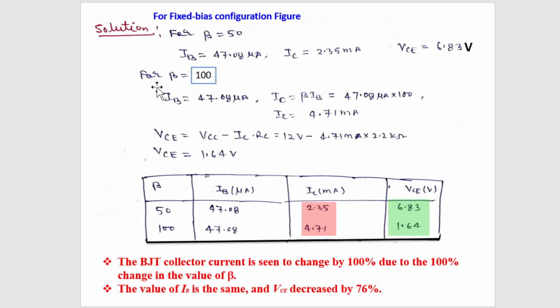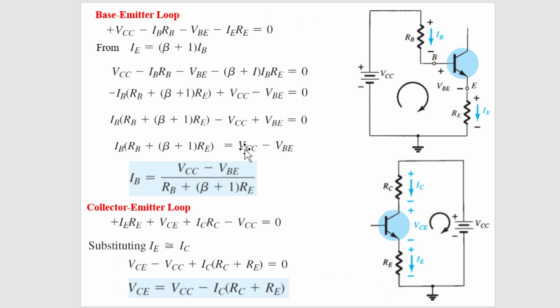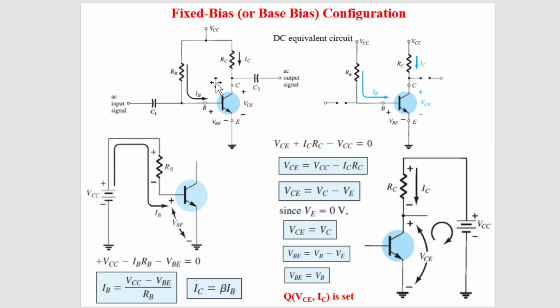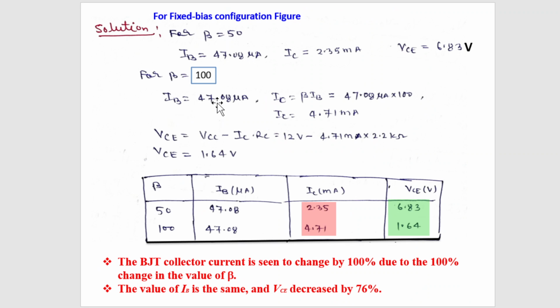Similarly, for the same figure, if you change beta from 50 to 100, then IB will remain the same because, as I discussed, IB does not depend upon beta for the fixed bias configuration. IB is independent of beta, that means IB remains the same, that is 47.08 microampere.